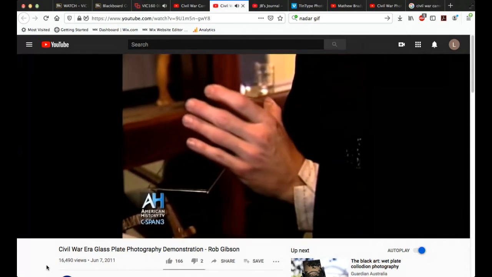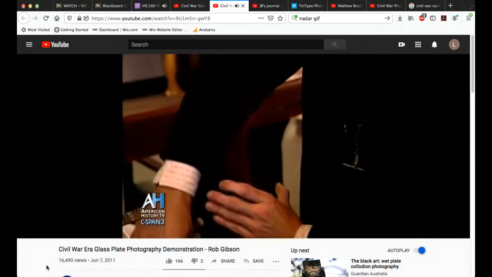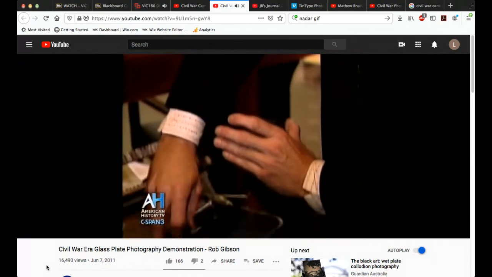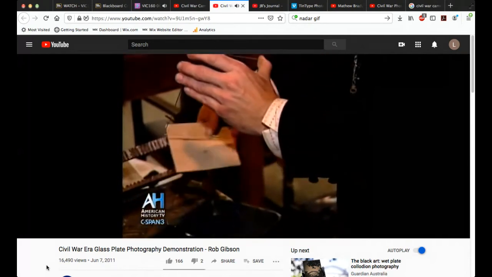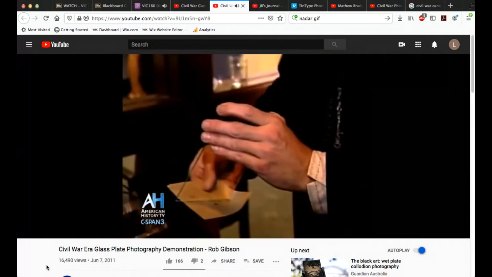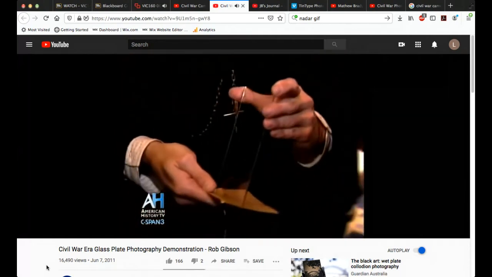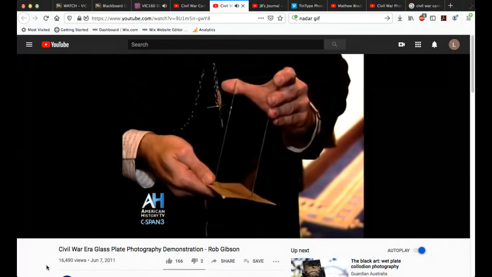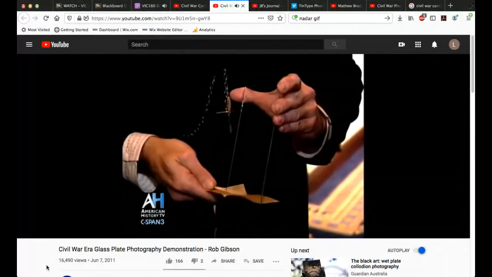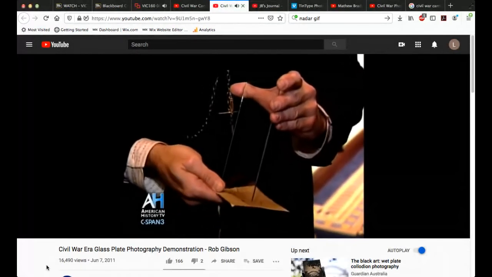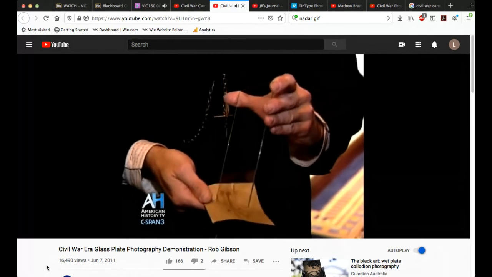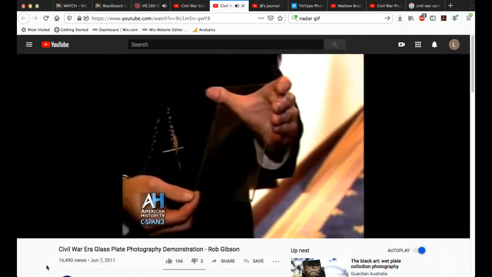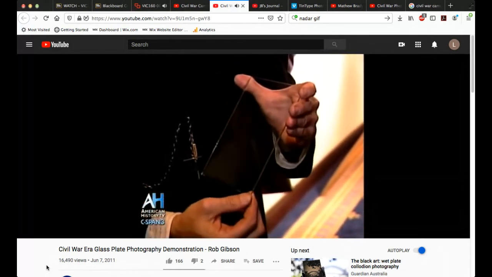You can imagine the difficulties doing this out in the field. Any dust that was in the air would, of course, land on the plate and be in the finished image forever. Here it was just blotted until finally the ether had evaporated enough that it set up a sticky substance on the front of the plate.